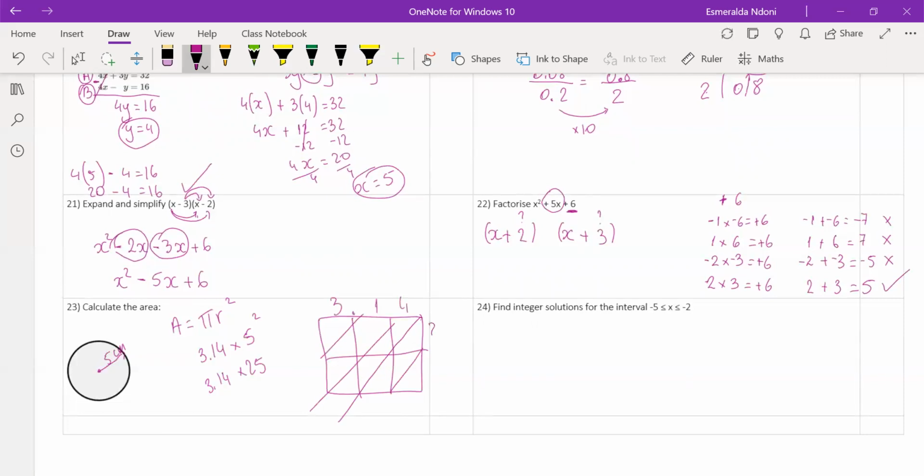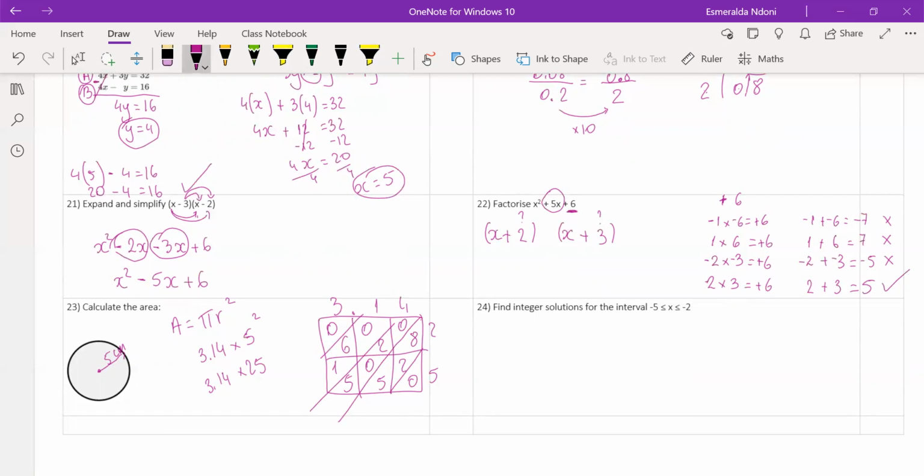3.14 and 25. 4 times 2 is 8. 4 times 5 is 20. 1 times 2 is 2, and 1 times 5 is 5. 3 times 2 is 6, and 3 times 5 is 15. All I need to do now is add them.